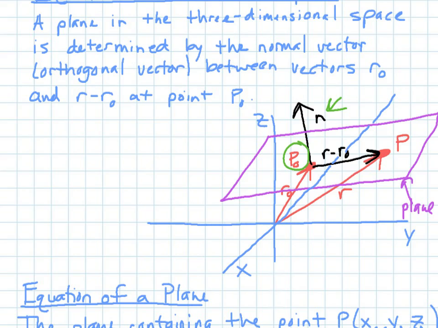So the nice thing with the normal vector, or the orthogonal vector, or the perpendicular vector, is that it's a combination of those two vectors in one vector, basically, because they're both perpendicular to n.